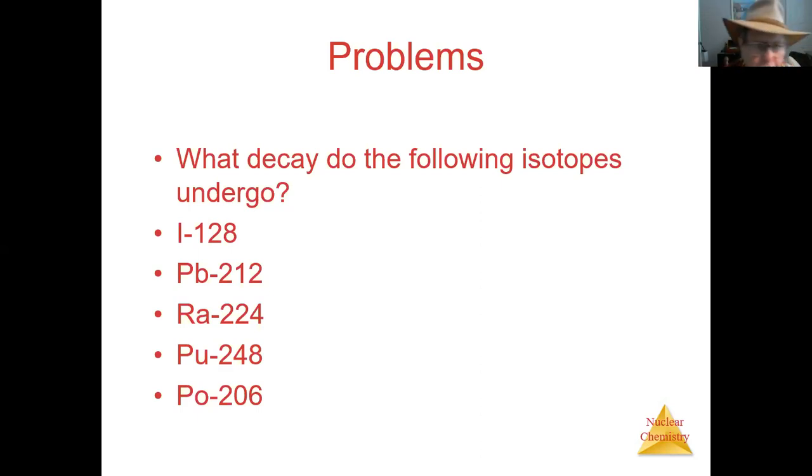Polonium 248. Its normal atomic weight is 244. The weight is higher than the atomic weight, so it's beta decay. Polonium 206. Its normal atomic weight is 208.